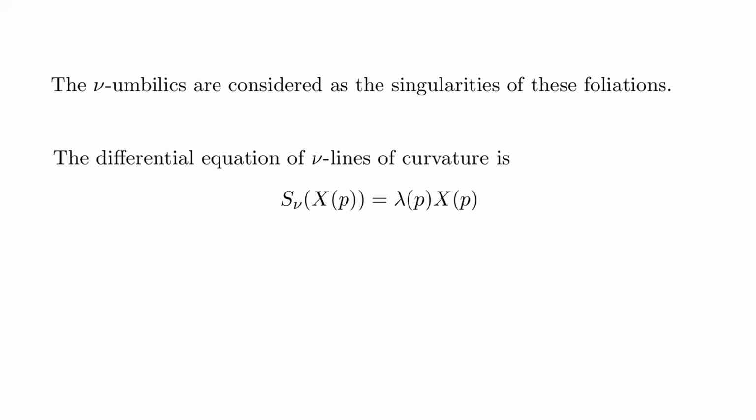We look for eigenvectors. X of p is an eigenvector of the shape operator, and lambda p is the eigenvalue. The extreme values of the curvatures occur, when it is not an umbilic, in orthogonal directions, as I said. So this is the equation.